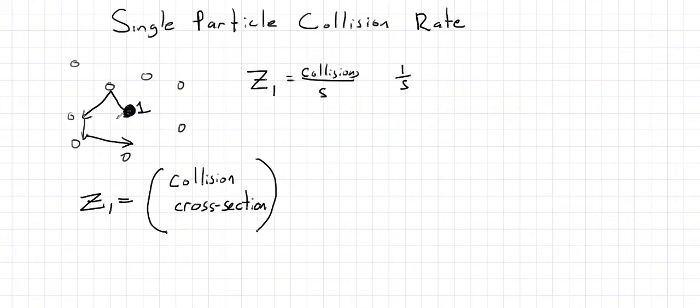Obviously, it'd be easier for them to bang into each other. If we make them bigger and bigger, we see that the chances of them colliding are even bigger. So collision cross-section is basically a cross-sectional area where these two molecules are going to overlap. So it's going to have units of meters squared.